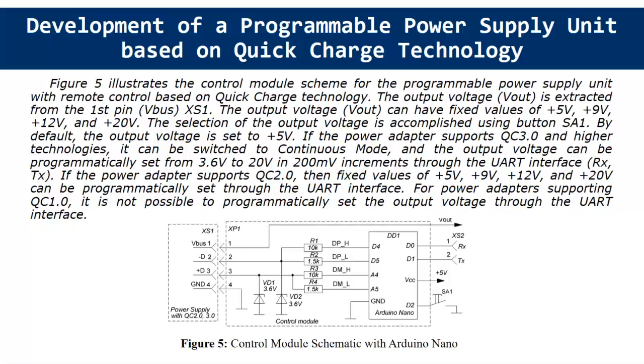If the power adapter supports QC 2.0, then fixed values of plus 5 volt, plus 9 volt, plus 12 volt, and plus 20 volt can be programmatically set through the word interface. For power adapters supporting QC 1.0, it's not possible to programmatically set the output voltage through the word interface.